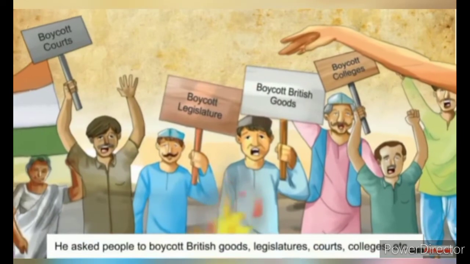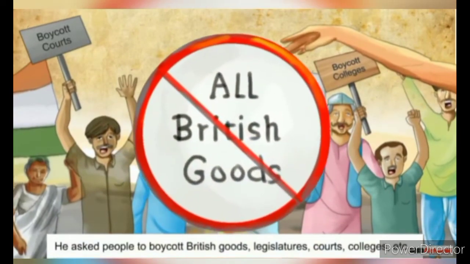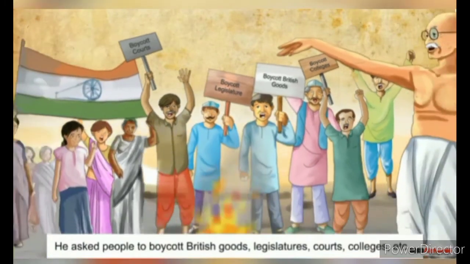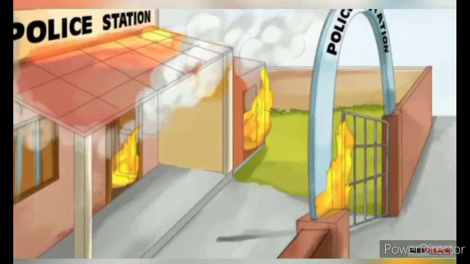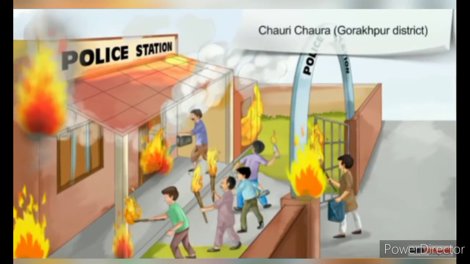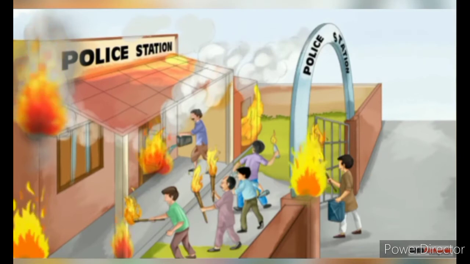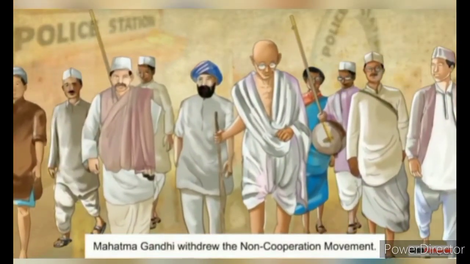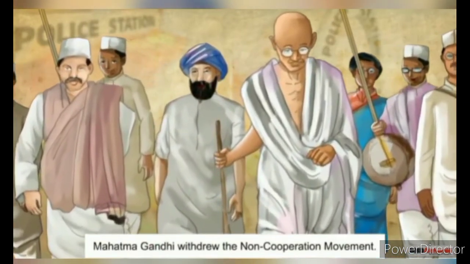He asked people to boycott British goods, legislatures, courts, colleges, etc. But unfortunately, at Chauri Chaura, a place in Gorakhpur district, some people set fire to a police station. In this incident, 22 policemen were killed. After this violent incident, Mahatma Gandhi withdrew the non-cooperation movement.